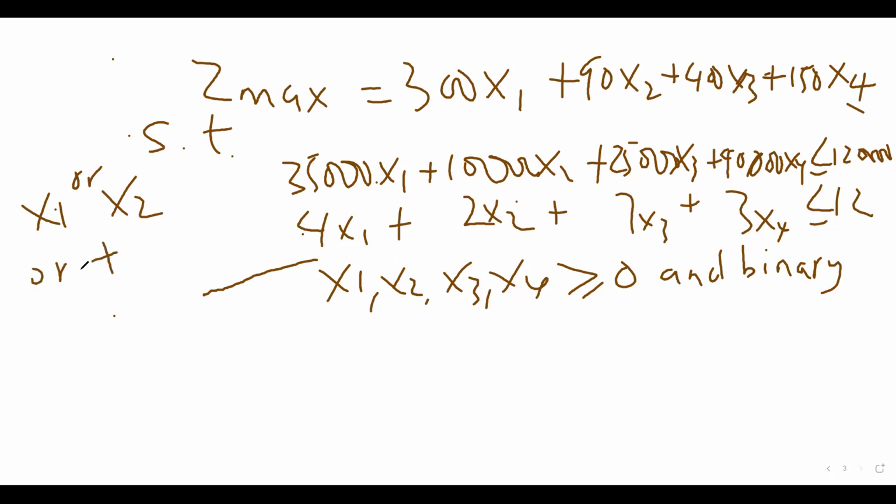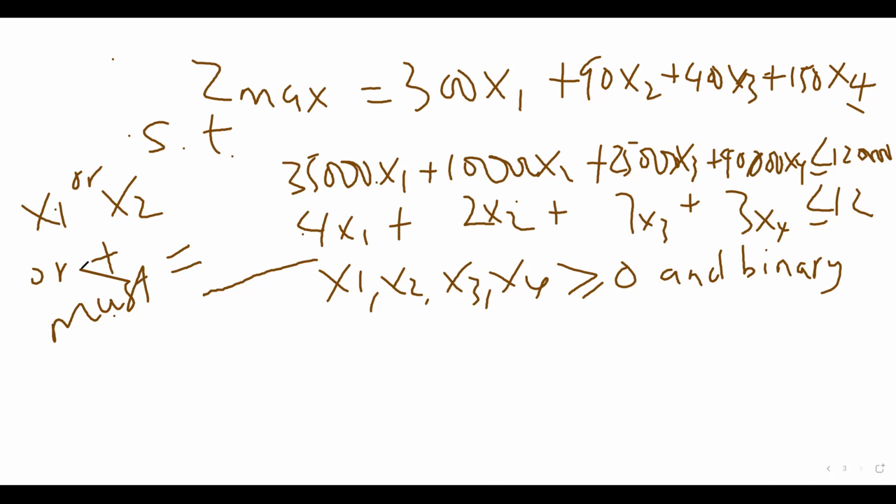Is add. But look at the sentence. The sentence says they must be built, but only one can be built. Must is what? Equal to. So it must be built means it must be equal to 1.